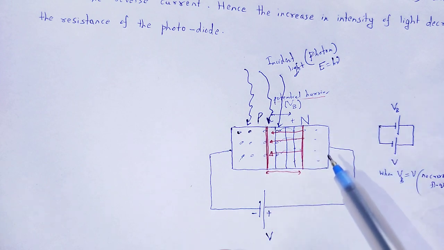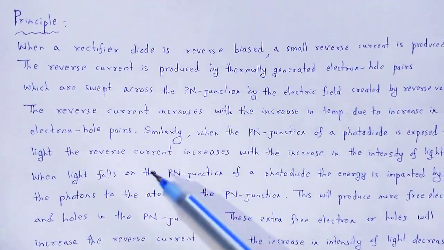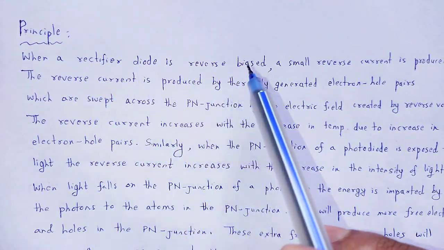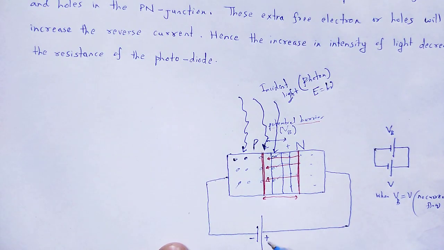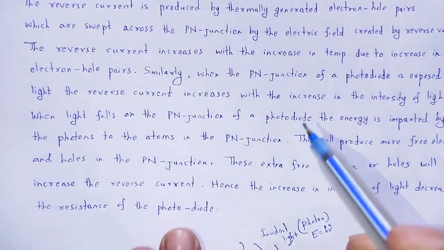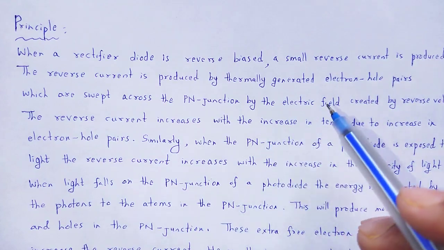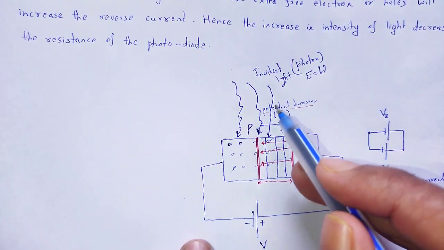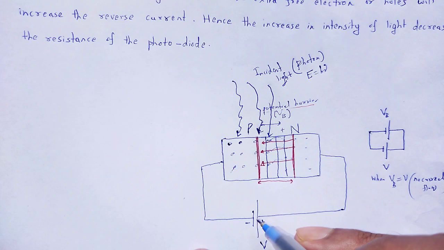All these things that we have discussed here, now we write in terms of the principle. When a rectifier diode is reverse biased, with the P type connected to the negative terminal and the N type connected to the positive terminal, a small reverse current is produced, as the barrier potential is less than the external potential.